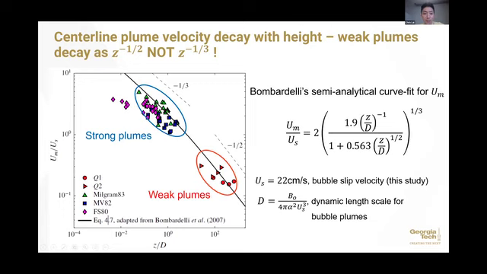For the classical plume, it obeys the well-known -1/3 power law. But for the weak bubble plume, it changes to a steeper slope, -1/2. And this behavior, quite coincidentally, was predicted by Bombardelli's semi-analytical curve. It was quite surprising, because when Bombardelli did his semi-analytical prediction, he was only thinking about the strong plumes.